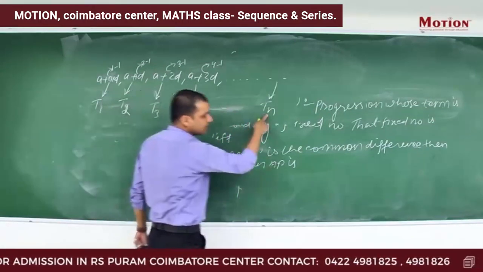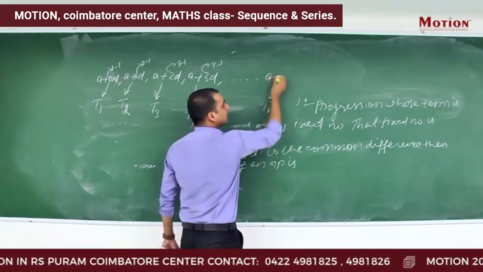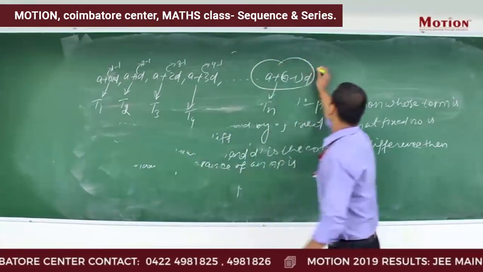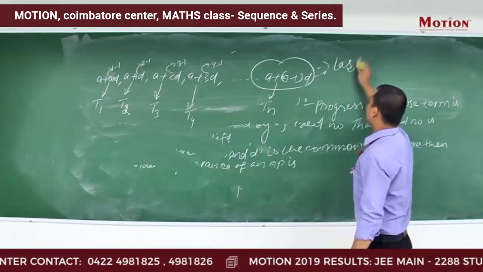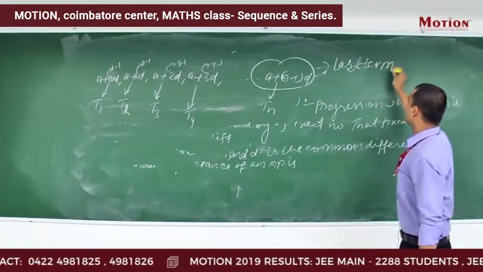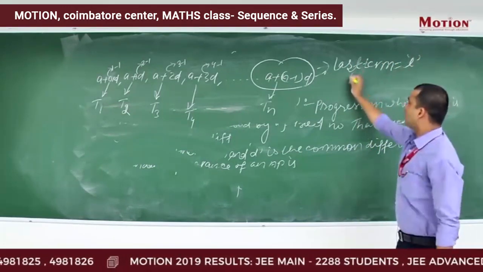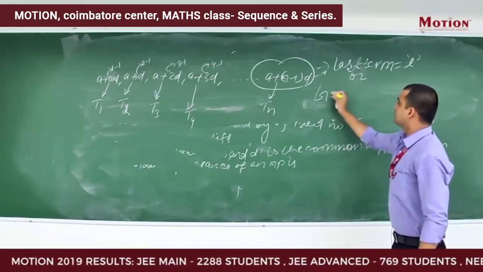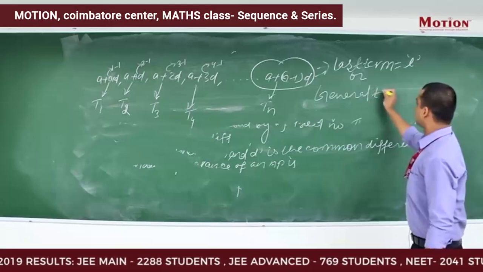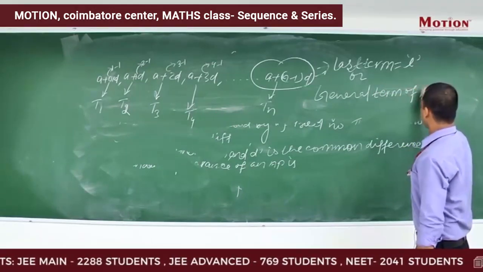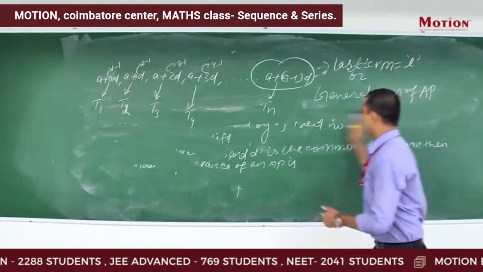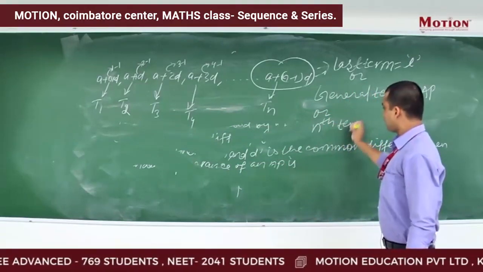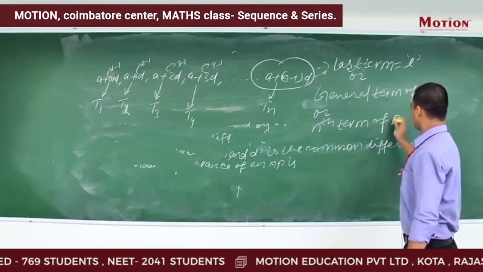In this way, if I want to write the Tn term, what is the Tn term? A plus n minus 1 into D. This is our last term, and it is denoted by L, or you can say the general term of AP, or the nth term of AP.